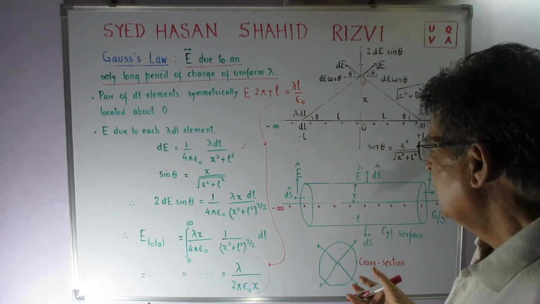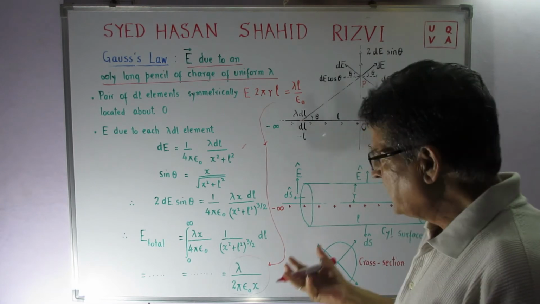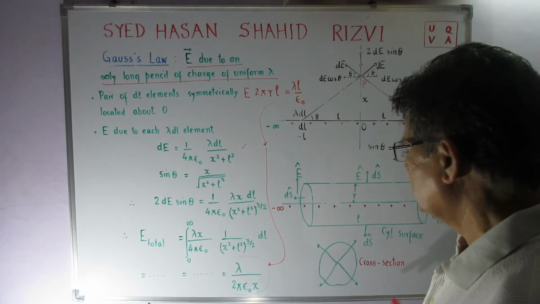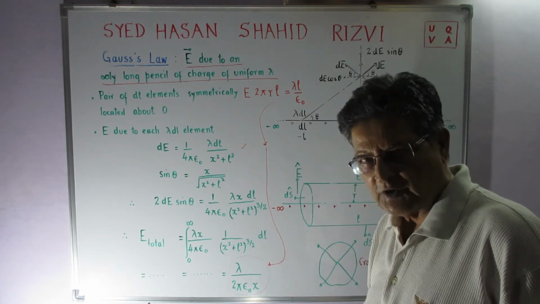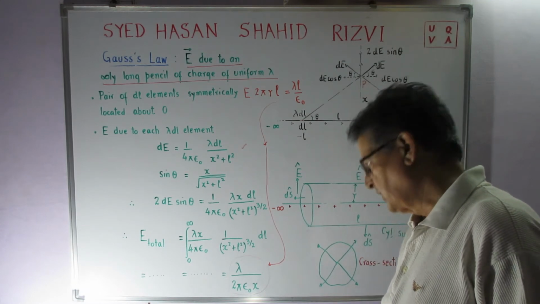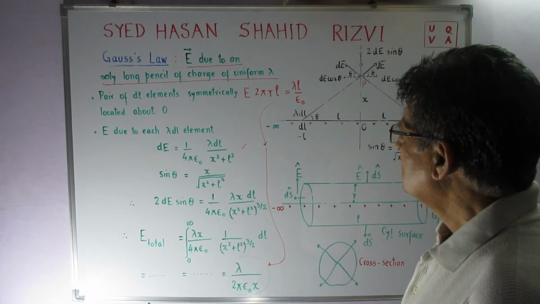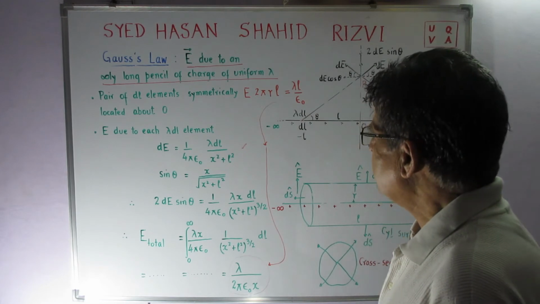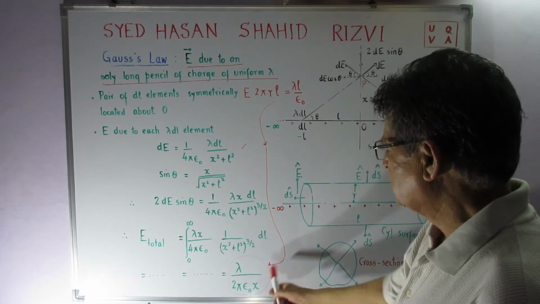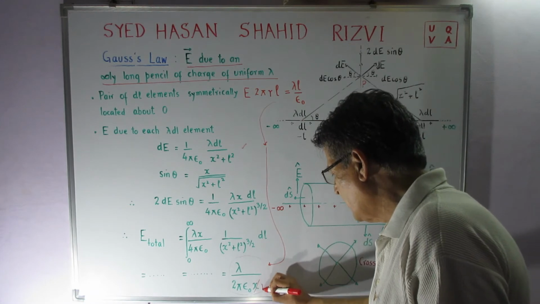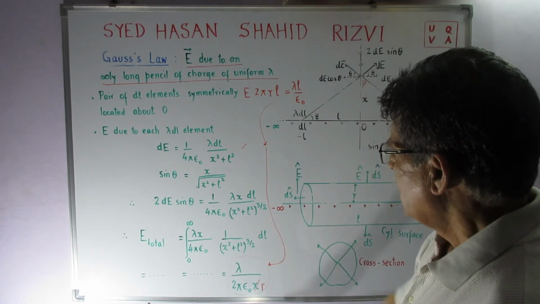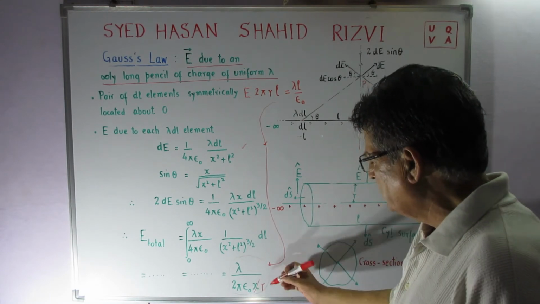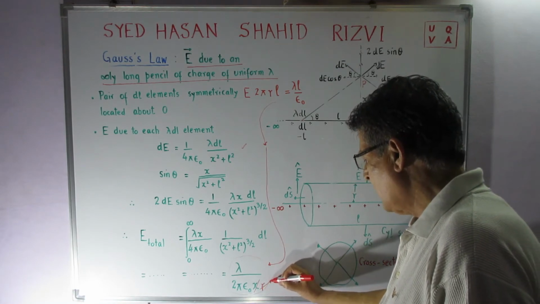Now look here, in a matter of seconds, by using the beautiful concept of Gauss law and choosing a Gaussian surface which carries certain symmetrical properties, we obtain the value, and we find in both cases that this is x. Let me write r instead of x. Lambda is a constant, 2 is a constant, pi is a constant, epsilon naught is a constant, the only variable is our friend r.